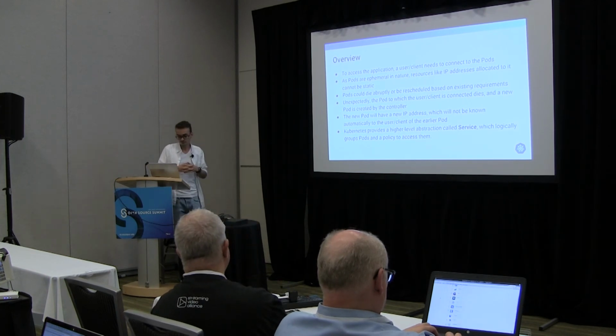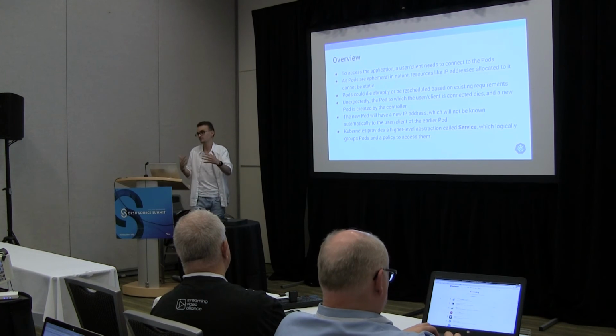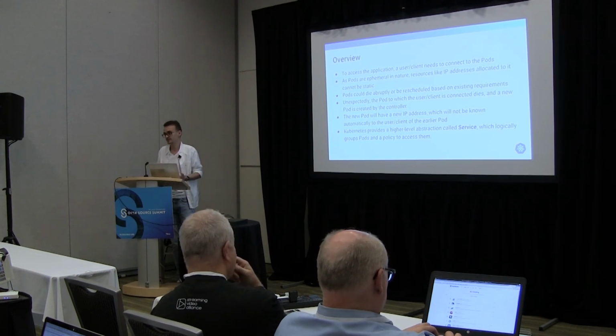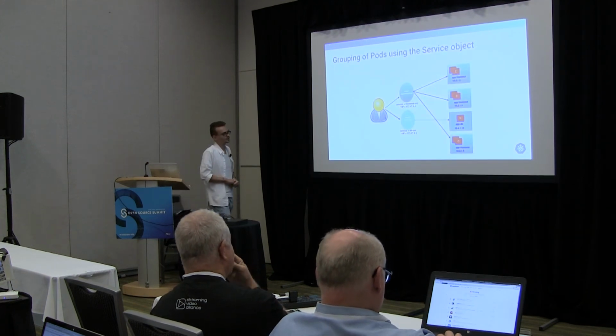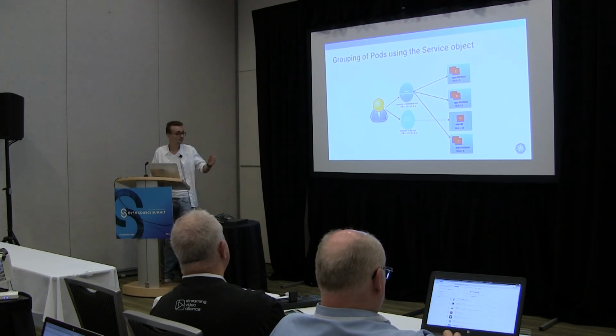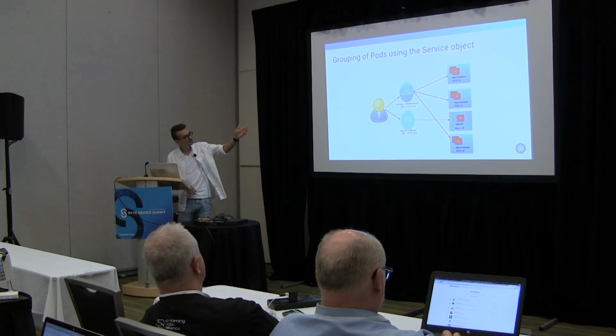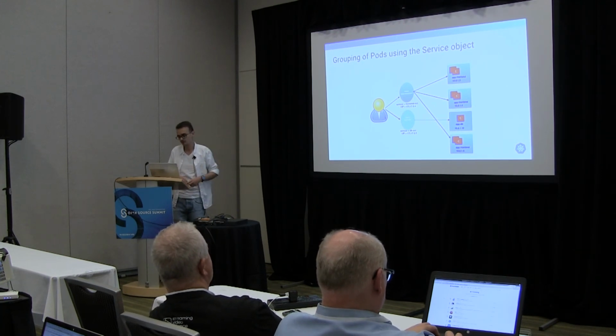So service is the logical group of pods, and services add a policy to access these pods. So you, as the cluster operator, interact with services. You don't interact with pods. Here on this diagram, you can see how we have multiple services. For example, we have front end and database that are using pods on the right side of the diagram.